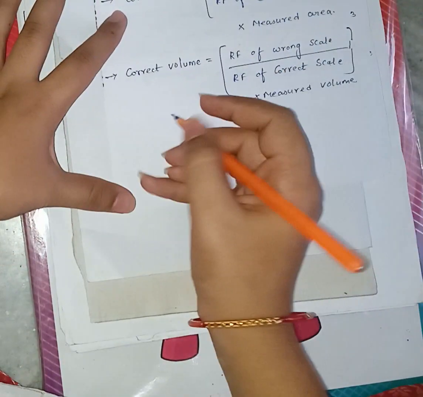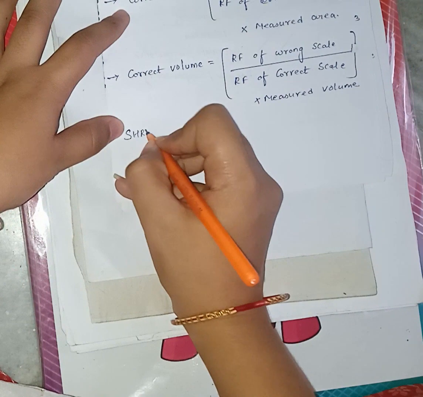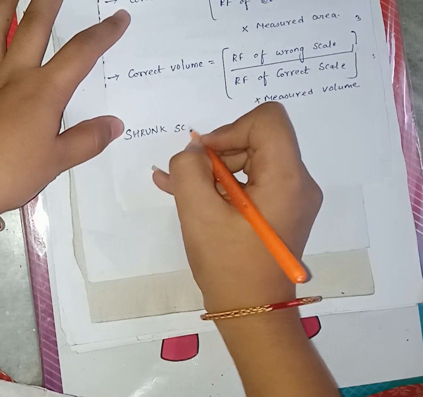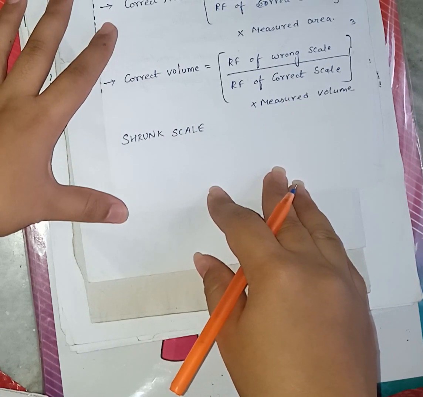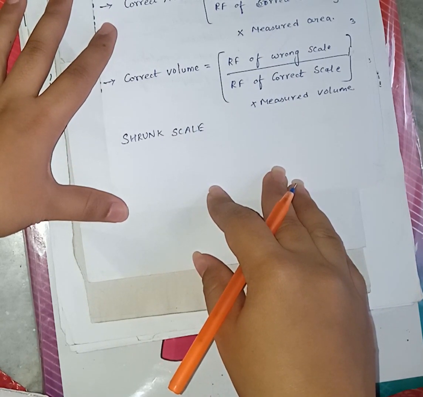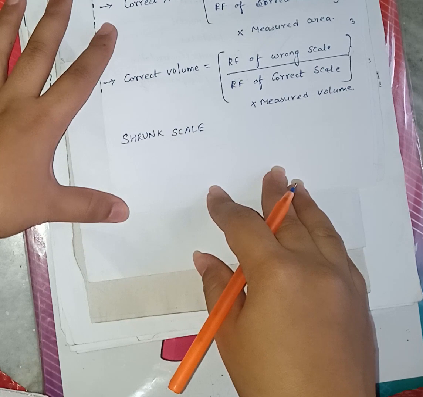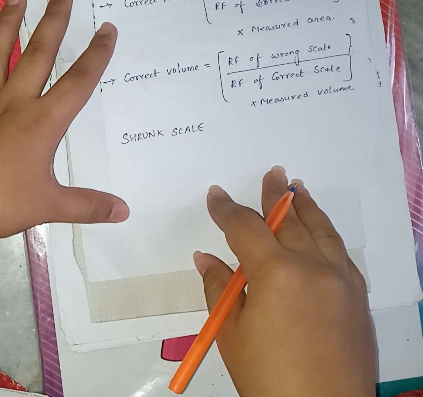There is another important topic, known as shrunk scale. What is meant by shrunk scale? If a graphical scale is not drawn on the plan and the sheet on which the plan is drawn shrinks due to variations in atmospheric conditions, it becomes essential to find the shrunk scale of the map.